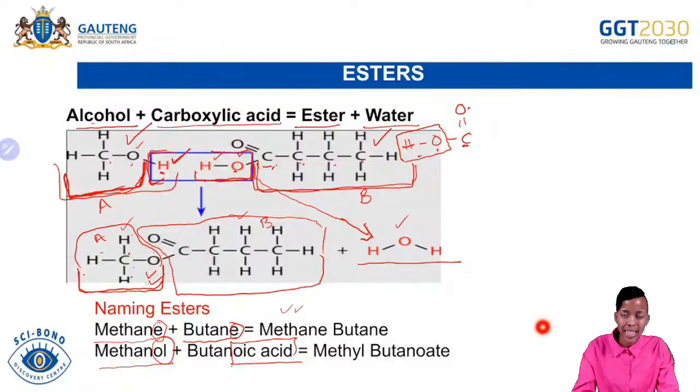But because it is an alcohol, it means that now we are going to remove this A, and then we replace it with what? We replace it with the YN. And then the carboxylic acid part is your part B. So again, if this was an alkane, it would be called what?